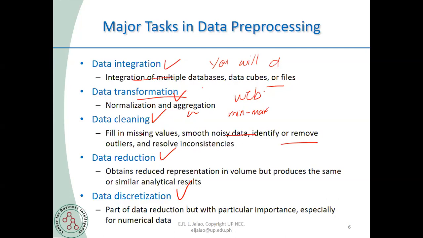Yun nga, yung sinabi kong outliers kanina, masyadong malayo. Like for example, yung 1, 2, 3, 4, 5 and 100, yung 100 is the outlier kasi masyadong malayo sa ibang dataset natin.